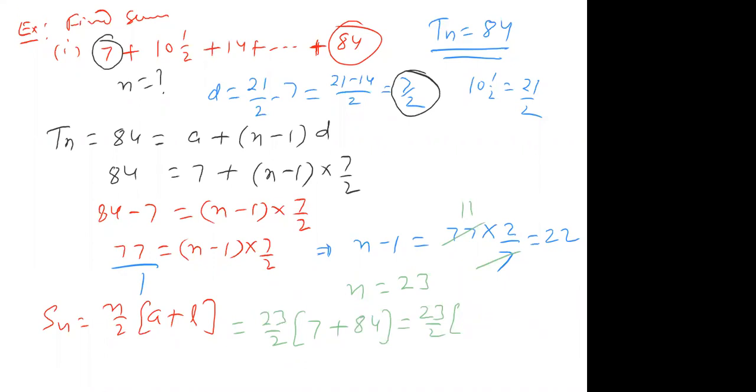So this will be how much? 91. Just multiply this, you will get the answer. 91 into 23. So the final answer will be 2093 upon 2.